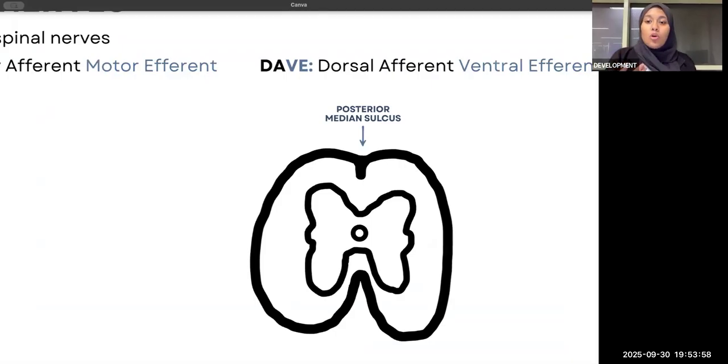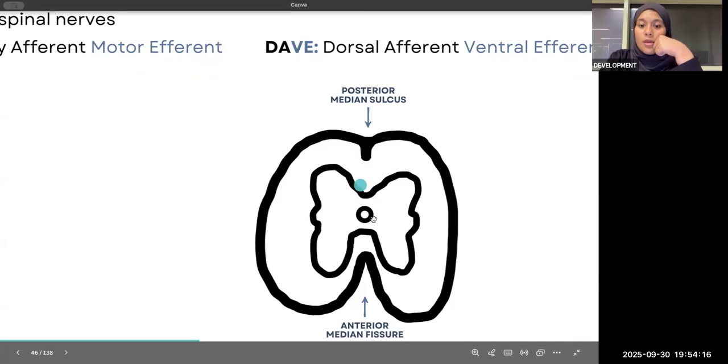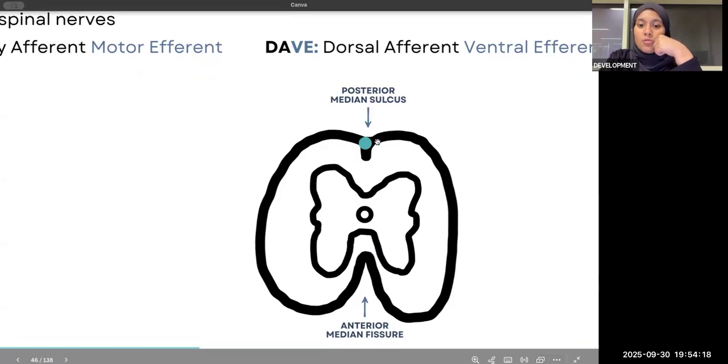So how do we know where is anterior and where is posterior? By this. Posterior median sulcus is a very small groove, okay? And your anterior median fissure is a deep groove. So when you compare the two, this one is way deeper than the other one.